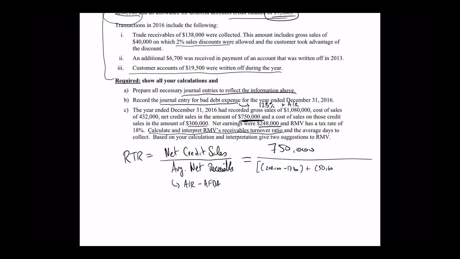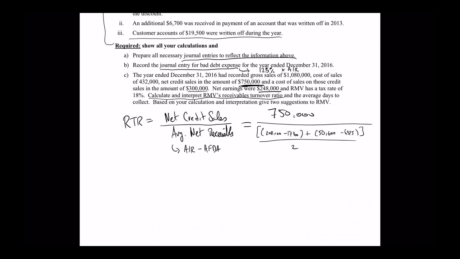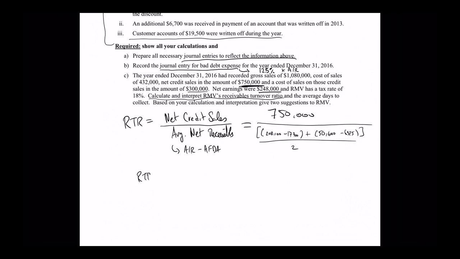So $50,600 minus $6,325, and we're going to divide these both by 2. So our receivables turnover ratio is equal to 6.3809, about 6.38.